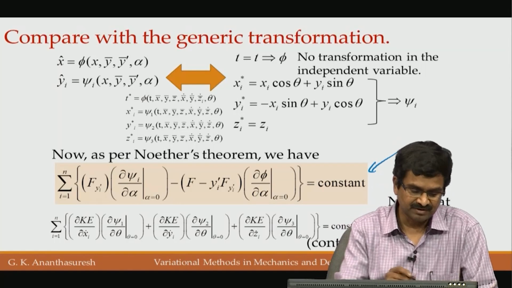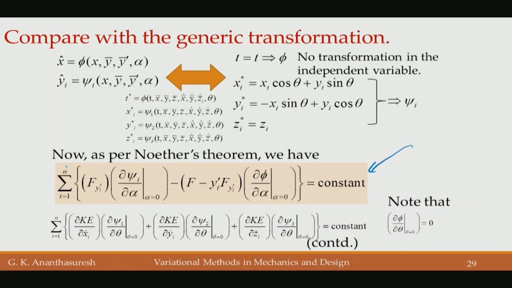That is a statement when i equal to 1 to n, now n is 3 for us. Because we have taken these functions y1, y2, y3, and when you write all this, what you get for f y i prime will become dou k e by dou x i dot and then y i dot, z i dot, and these things should be evaluated at theta equal to 0.